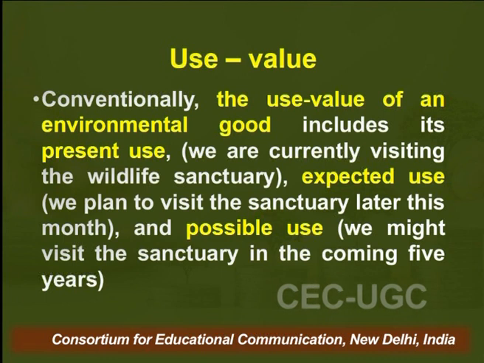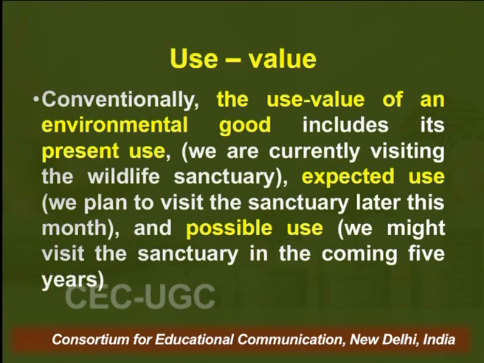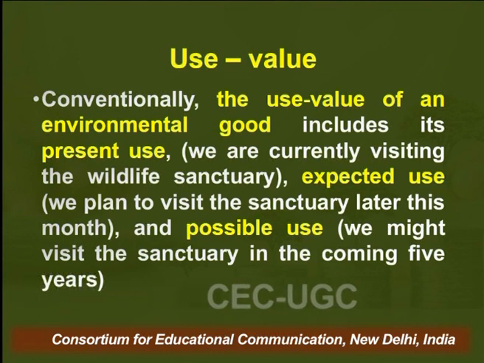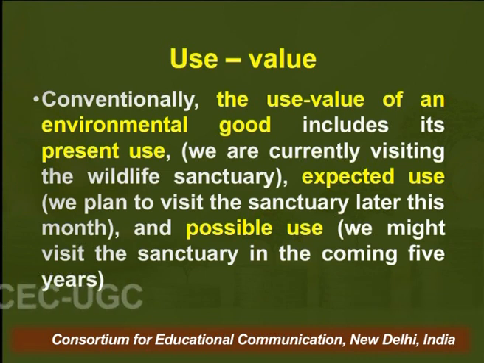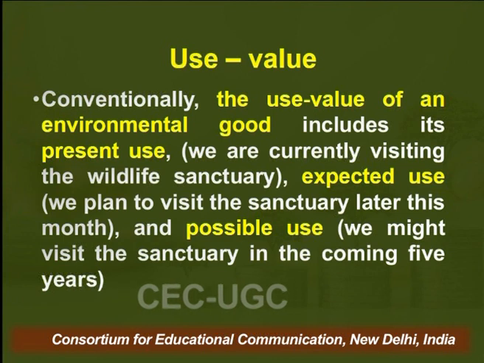Conventionally, the use value of an environmental good includes the present use. The good which we are consuming right now, suppose we are visiting a wildlife sanctuary, is considered a present use. Expected use is when we plan to visit that particular sanctuary later this month or in future.